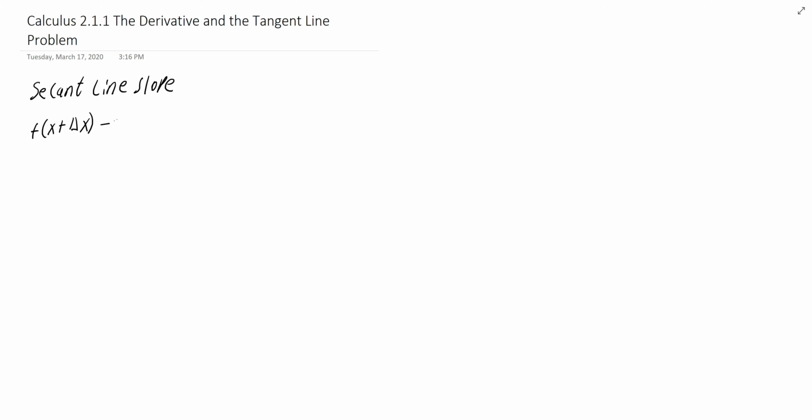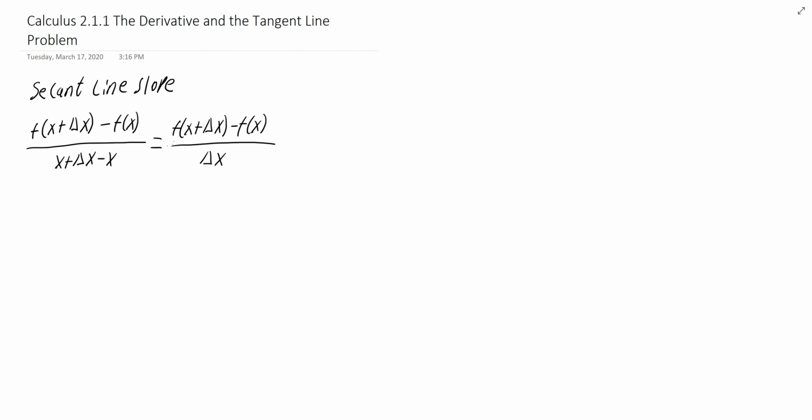And a secant line slope really just consists of the formula f of x plus delta x minus f of x, all divided by x plus delta x minus x. And this essentially is rise over run. If you were to simplify this down, it would just be f of x plus delta x minus f of x, all over delta x.